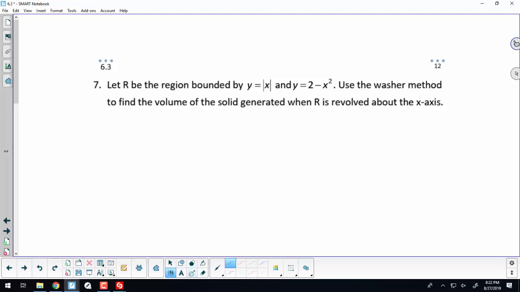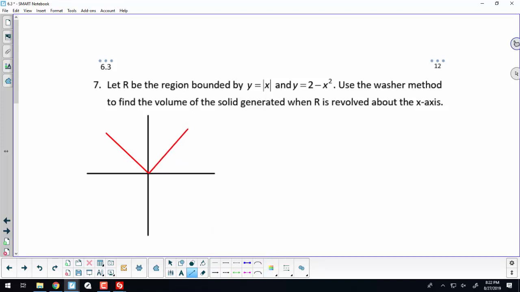So the region bound by the absolute value of x, so let's say this, and we'll do that in red, and 2 minus x squared, which is our parabola. It's facing down, shifted up 2 units. So we'll just say that's here, shifted up 2 units, and it's facing down.